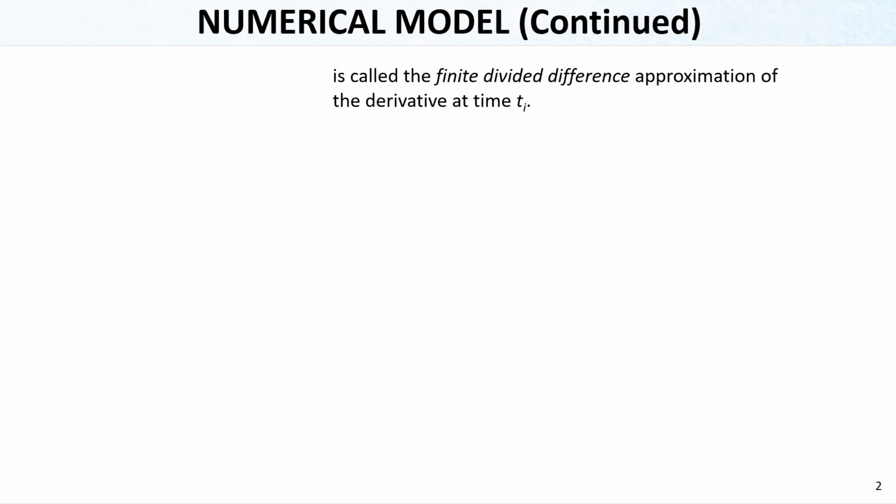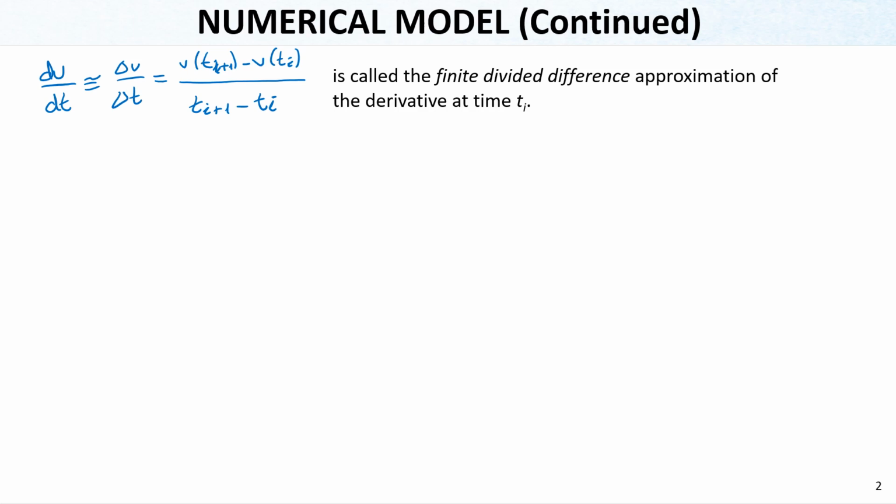So if we continue developing the numerical model for the parachutist problem, if we remember from the previous slide, our dv over dt, we said that this is approximately delta v over delta t, which is v of ti plus 1 minus v of ti, divided by ti plus 1 minus ti.